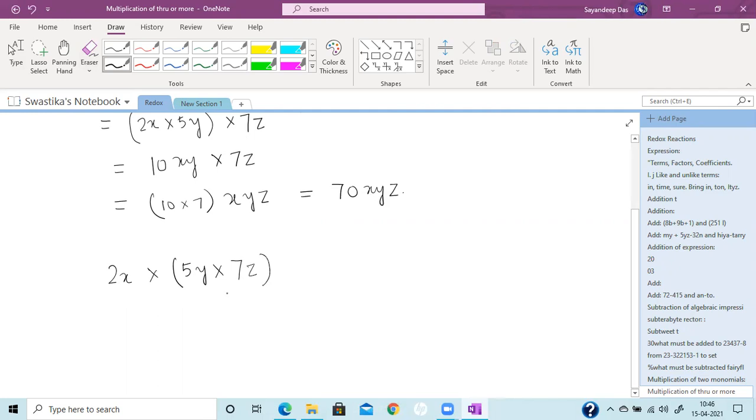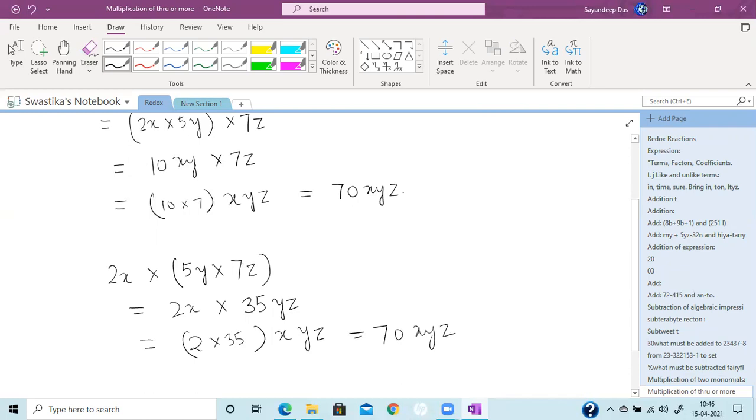Multiplying 5 into 7, you are getting 35, and the variables are y into z. Now you can multiply that product by the first monomial, that is 2 into 35, and the variables are x, y, z, that is equal to 70xyz.